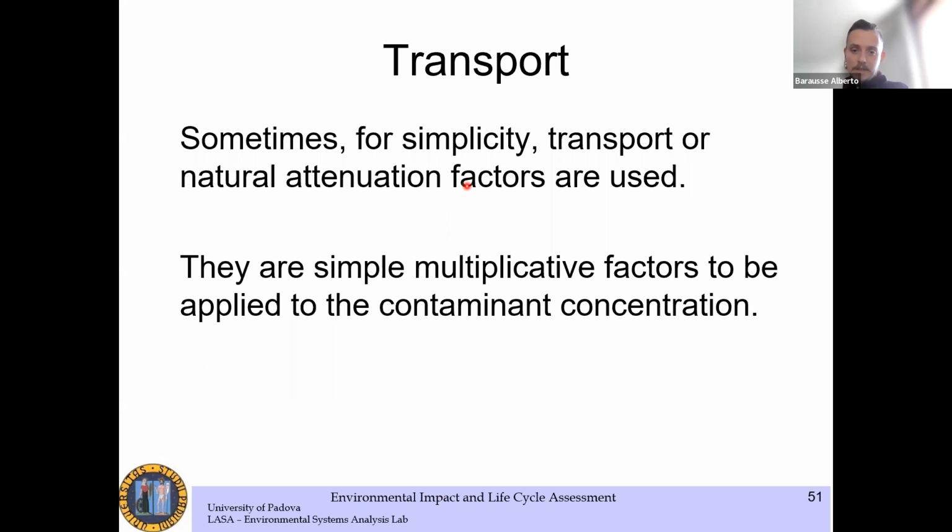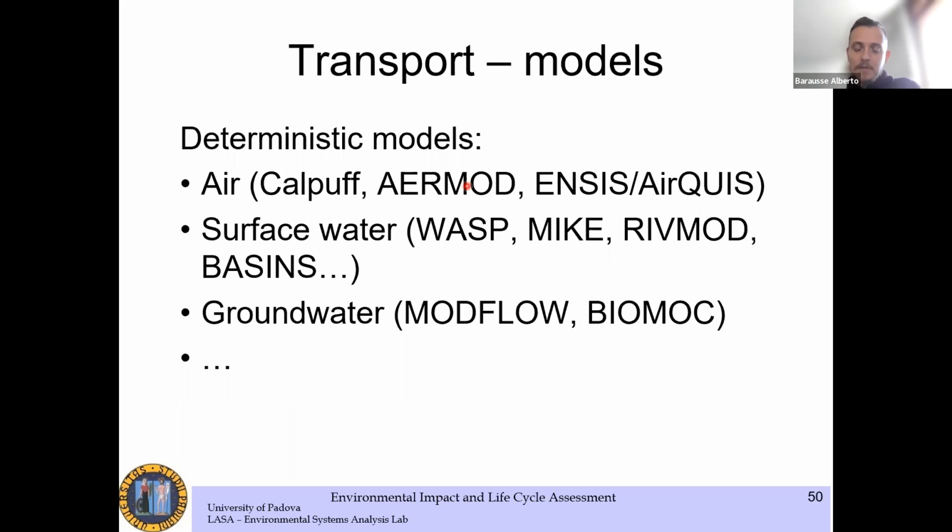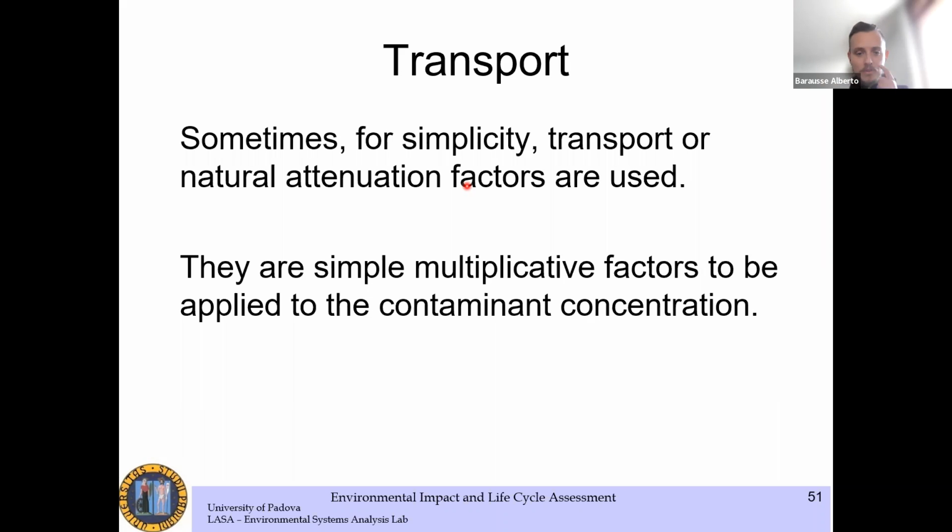Again, remember that sometimes, for the sake of simplicity, because several of these models are very complex to set up and require a lot of data, which you usually don't have, what you do to calculate transport is simply to multiply your concentration at the source by a transport or natural attenuation factor.